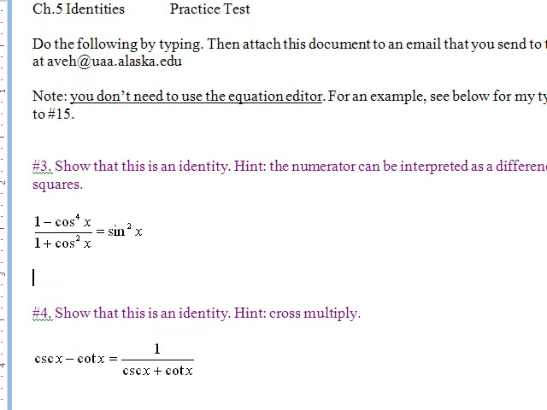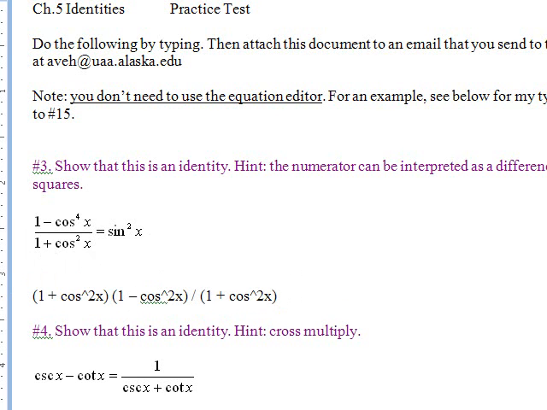Alright, so the numerator can be interpreted as a difference of squares, so it's going to turn out like this: 1 plus cosine squared x and 1 minus cosine squared x divided by 1 plus cosine squared x. And then I should say here left side.